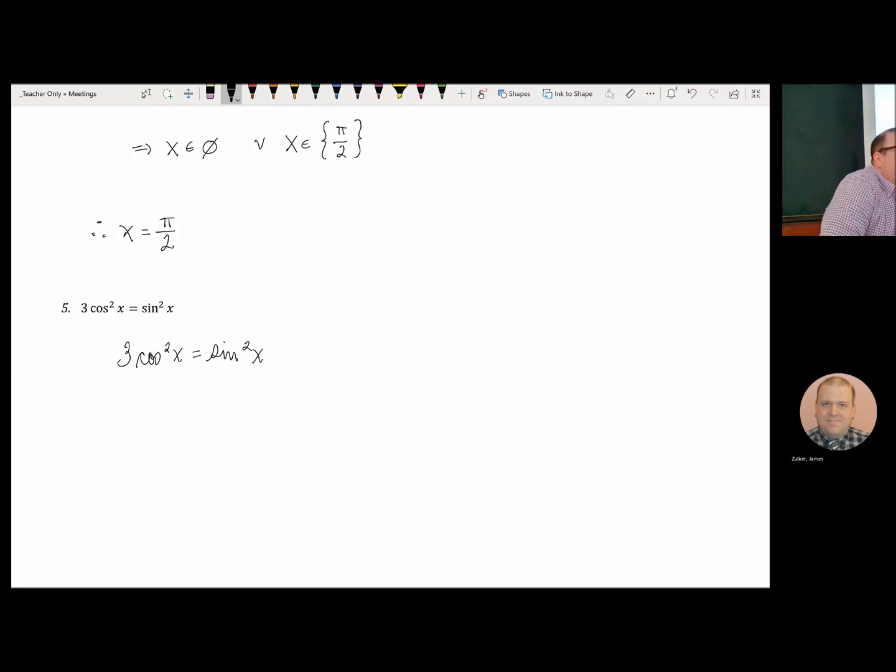Three cosine squared is equal to sine squared. Divided both sides by cosine squared. This means that tangent squared is equal to 3. Means tangent is -√3 or tangent is +√3.